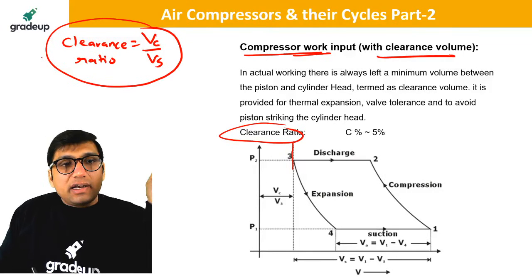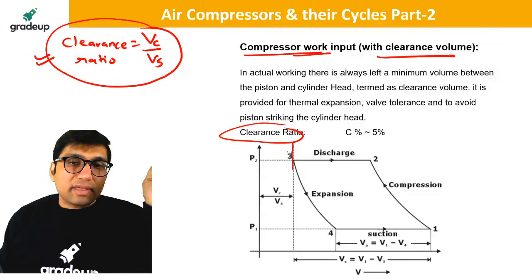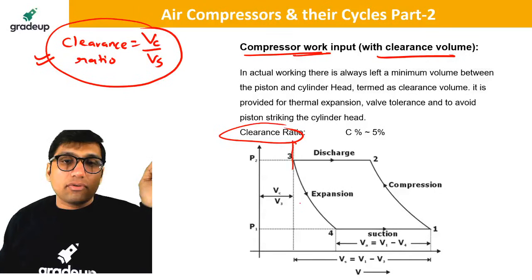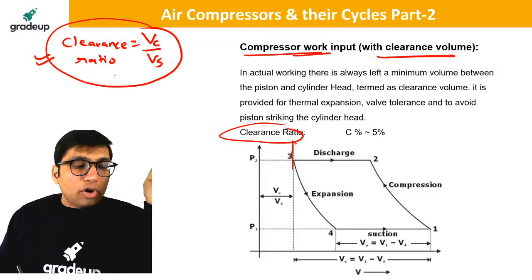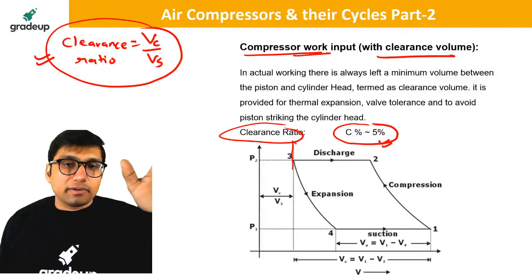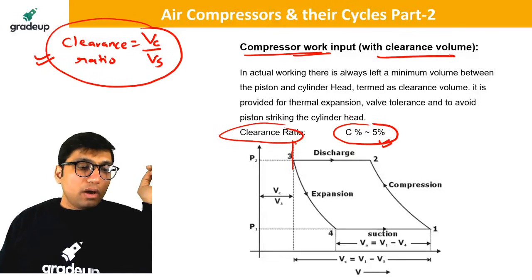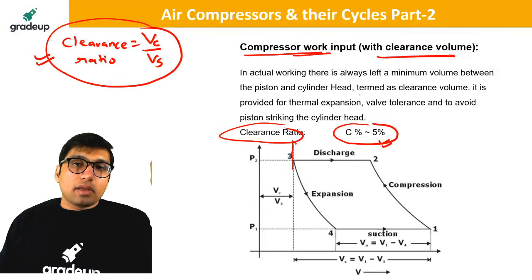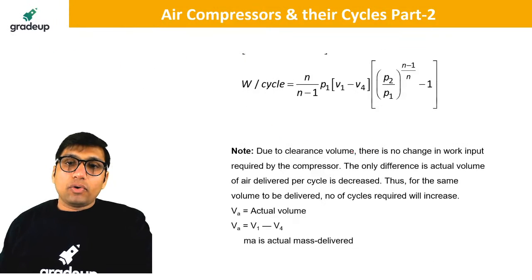We intentionally leave some amount of volume inside the cylinder, that is called clearance volume, and the ratio of the clearance volume divided by swept volume is called clearance ratio. Generally, up to 5% clearance ratio is taken. So with clearance volume, the work input will be equal to this.